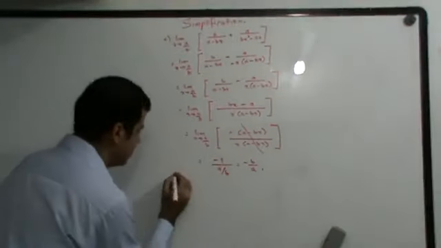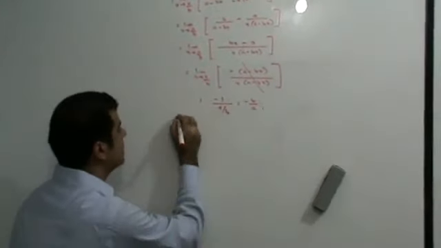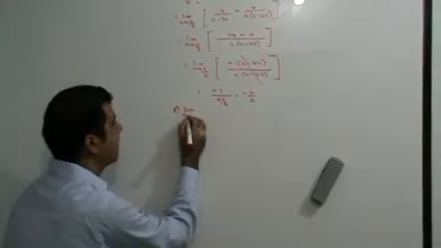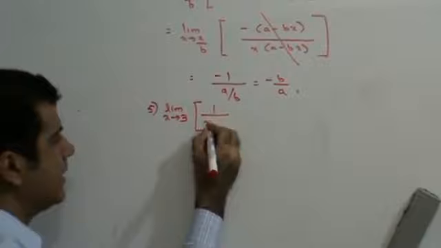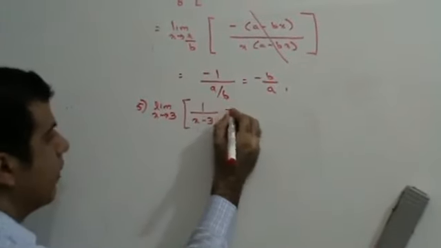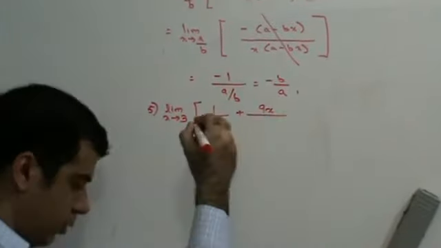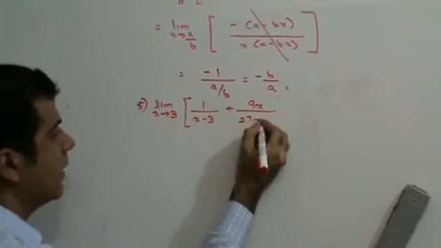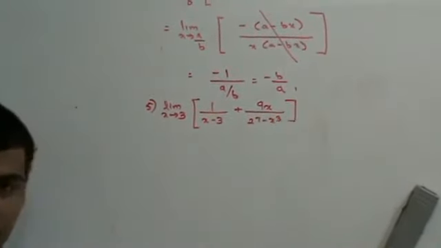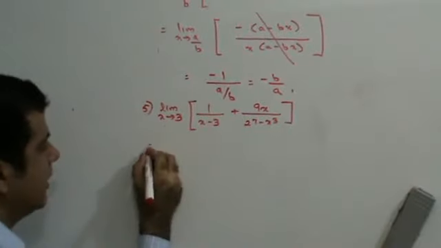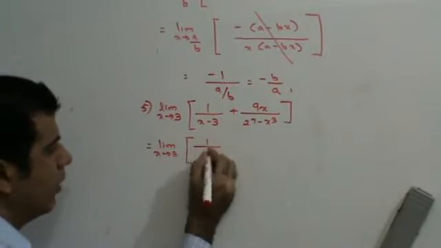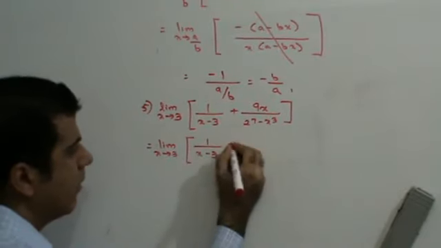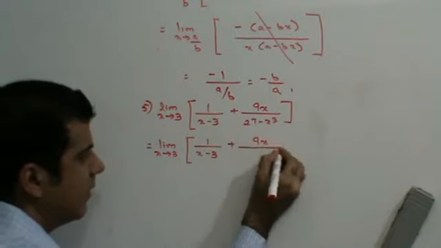Let's see another sum, guys. Limit of x tends to 3, 1 upon x minus 3 plus 9x upon 27 minus x cube. Now this can be written as limit of x tends to 3, 1 upon x minus 3 plus 9x, same thing that we did in the previous sum.